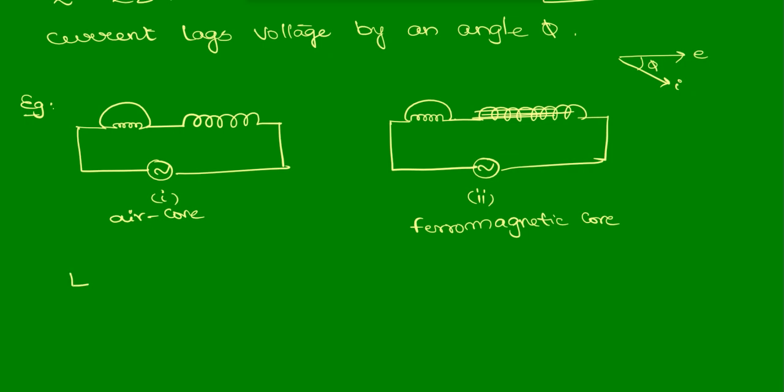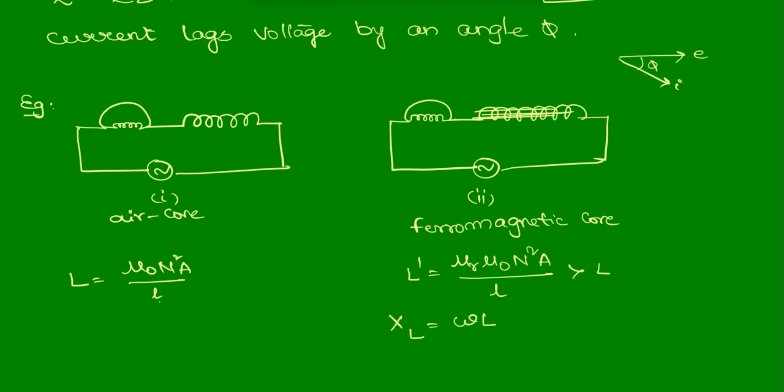For this, for the self-inductance of a coil, we have one formula like this: mu naught n square A by l, where l is the length, n is the number of turns, mu is the permeability of the medium, and A is the cross-section area. If it is a ferromagnetic core, then we will get mu r mu naught n square A by l, which will be greater than L. So as L is increasing, inductive reactance, that is omega L, also increases.